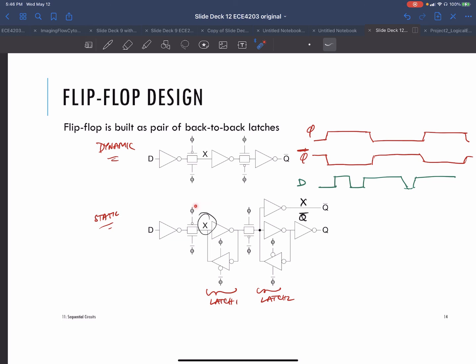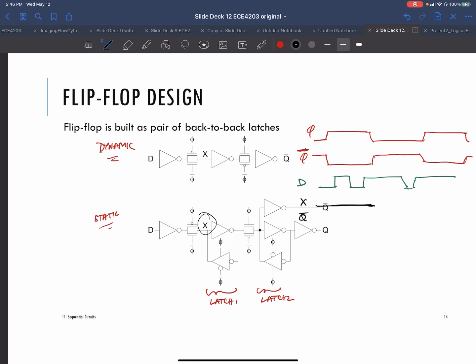Notice the clock phi is going to PMOS. So when the clock is high, X is just storing what it was there before. It's not moving. Let's say it started off with a 0.